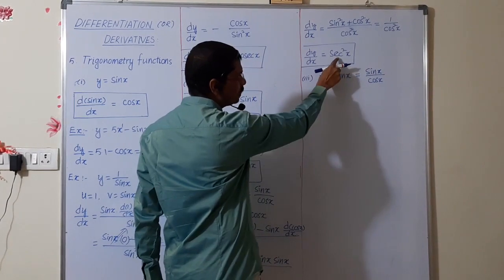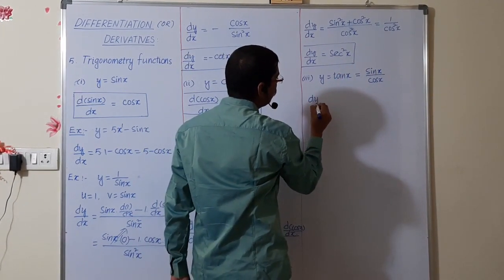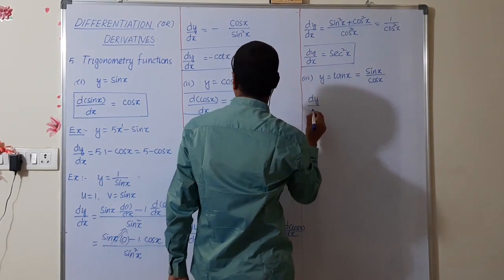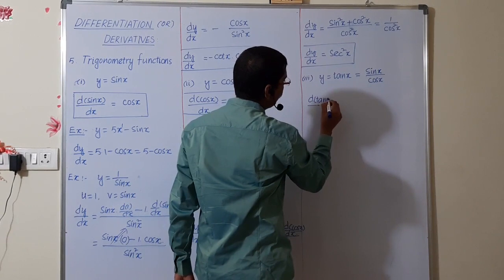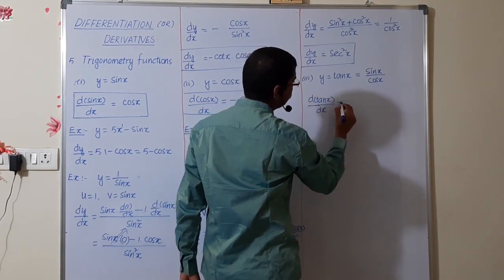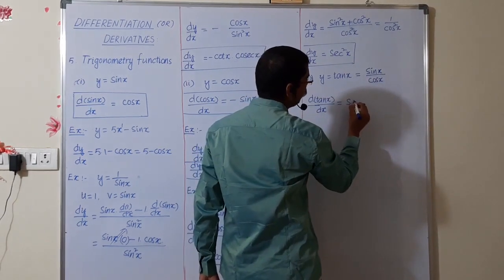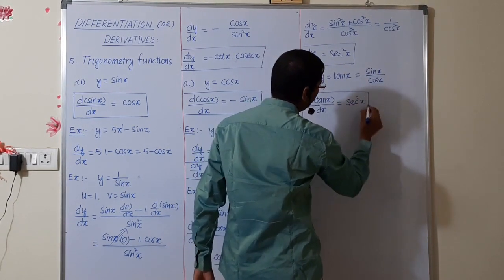Already y equals tan x is the formula we got. Directly I am writing here, dy upon dx, the differentiation of tan x upon dx, is nothing but sec square x. It is our formula.